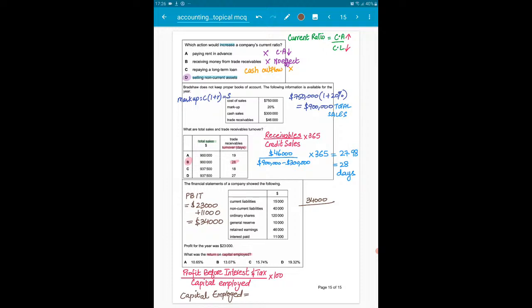So capital employed will be 40,000 plus the ordinary shares 120,000 plus the general reserve and the retained earnings, the profit retained in the company, that is 46,000. You add all of them: 40 plus 120 plus 10 plus 46, that is 216,000.